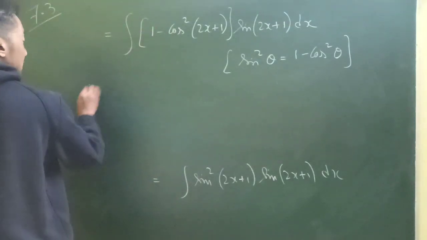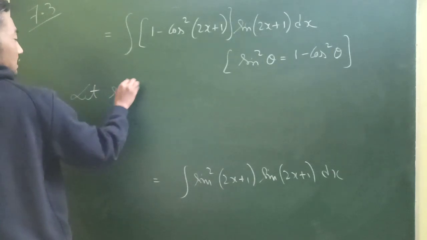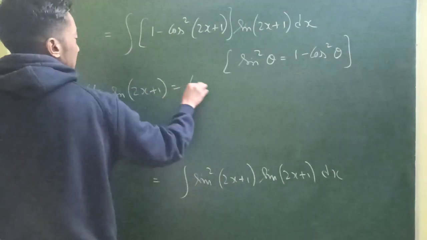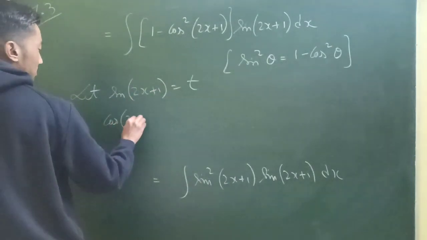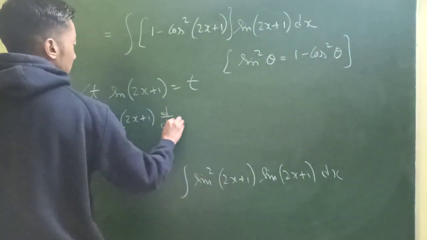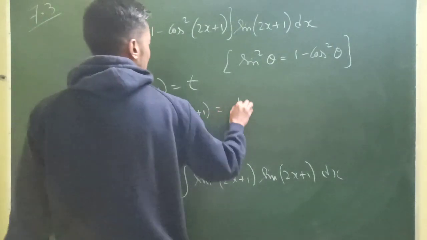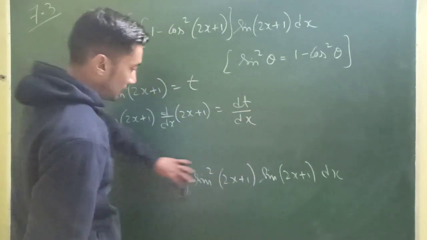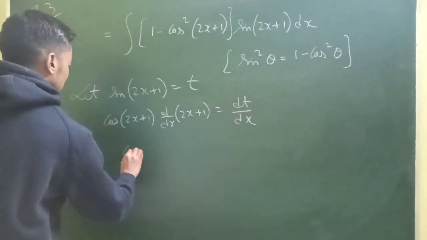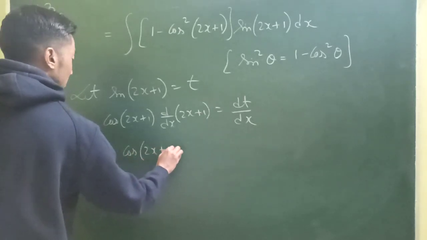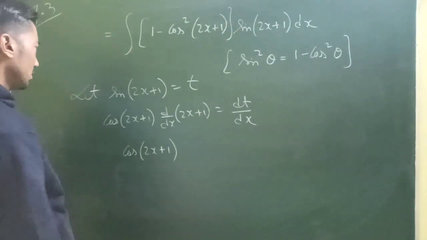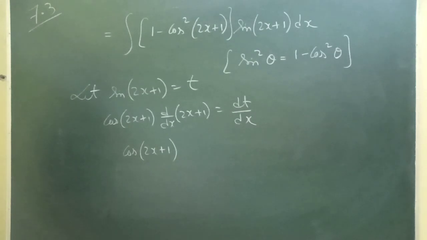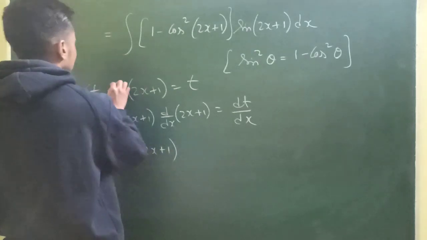A simple job there. Now, let's see if I substitute sine of 2x plus 1 as t. Then differentiating, I'll have cos of 2x plus 1, chain rule, differentiation of 2x plus 1, dt with respect to x. Maybe not sine, I think I'll substitute cos, which will be better for us for the substitution.